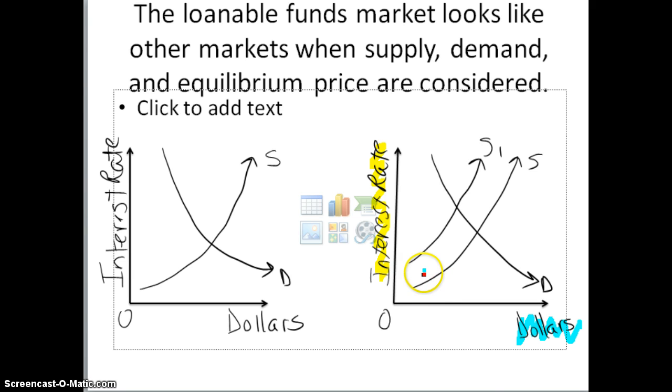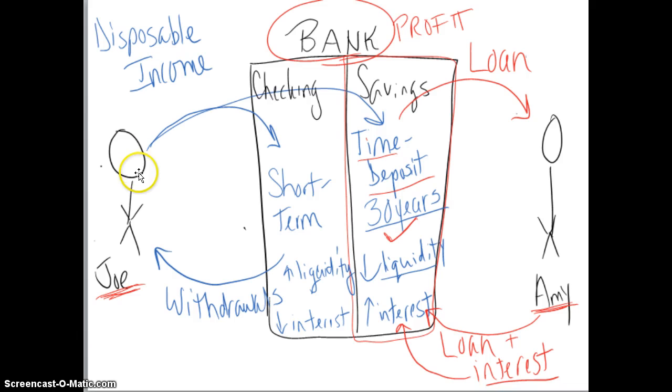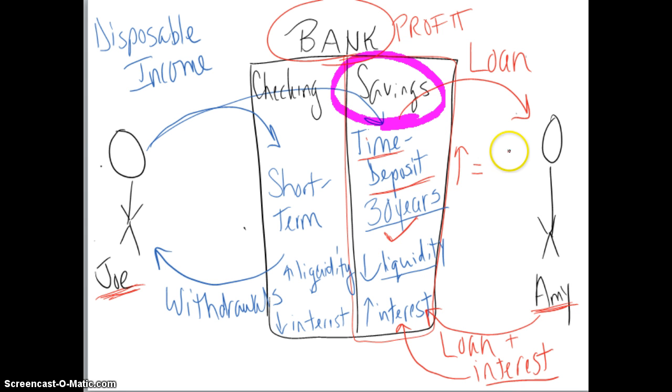But let's pretend that the amount of money that people are putting into these savings accounts is going to increase or decrease. When the amount of money that people like Joe are putting into time deposits and other savings accounts increases, then the number of loans that can be given out to people like Amy increases.